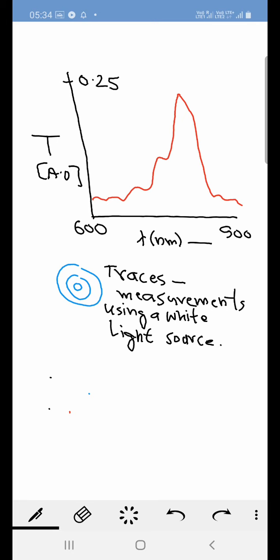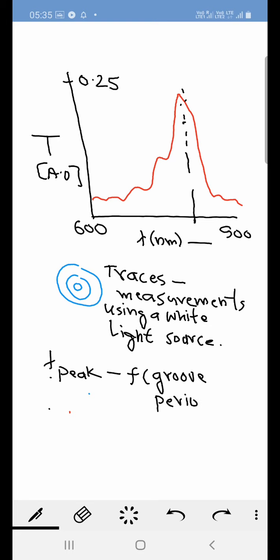And the wavelength of the peak optical transmission, that means we're talking about this wavelength, is called lambda peak. It is determined by, or rather we can say is a function of, the groove periodicity. That means we're talking about these grooves. How periodic are these grooves?